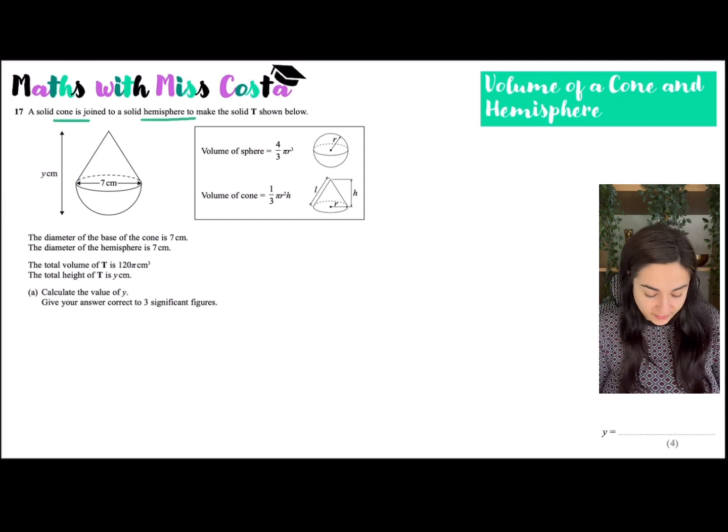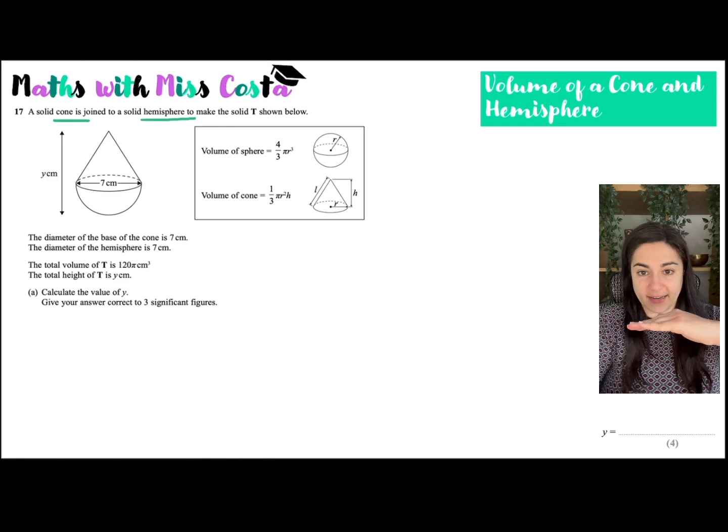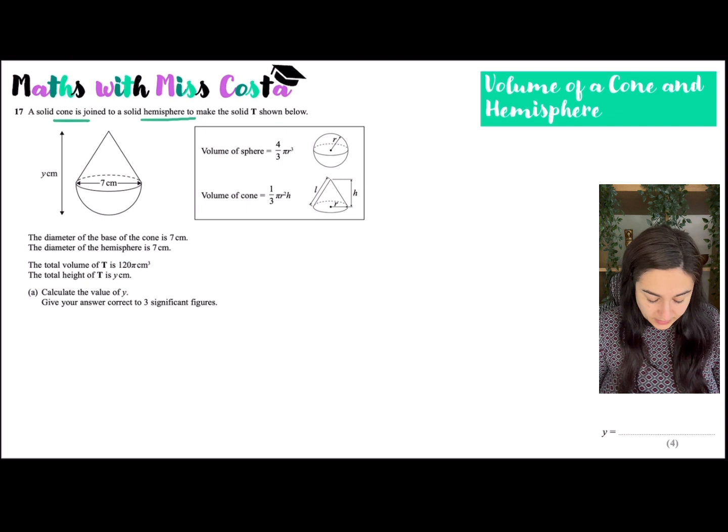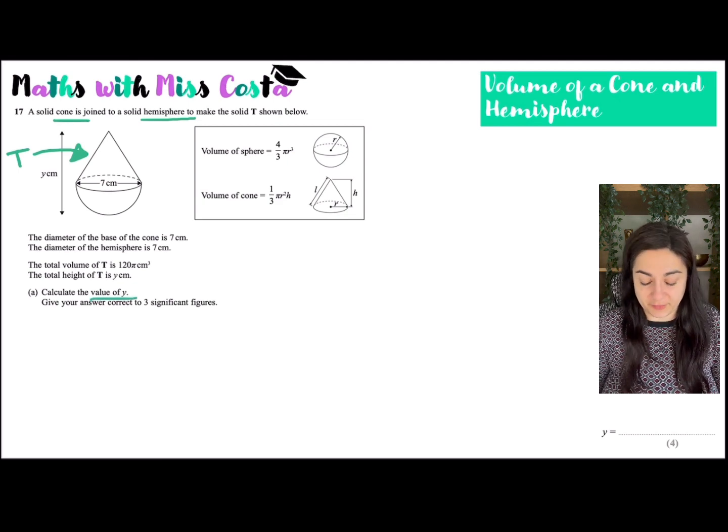Now you're told that the diameter of the base of the cone is 7 centimeters and the diameter of the hemisphere is also 7 centimeters, i.e. they're literally attached. So the total volume of T, which is the shape, so this is called T, is 120 pi and the total height of T is y centimeters. Calculate the value of y and give your answer correct to 3 significant figures.